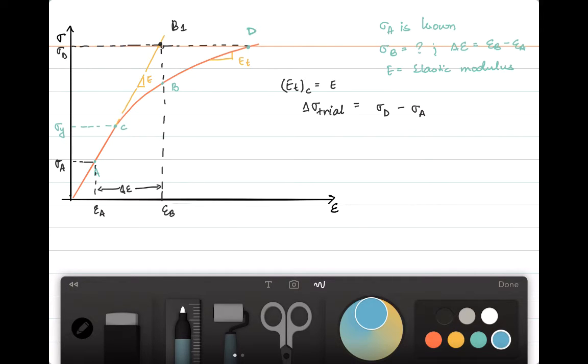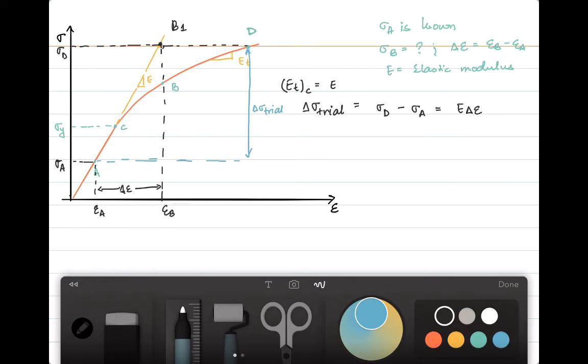Therefore, this is delta sigma trial. And this is purely based on the elastic property, so we can write this to be E times delta epsilon.